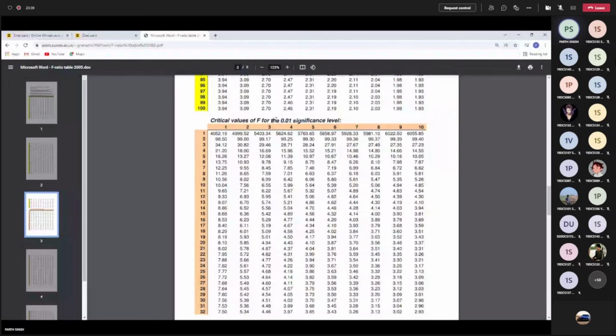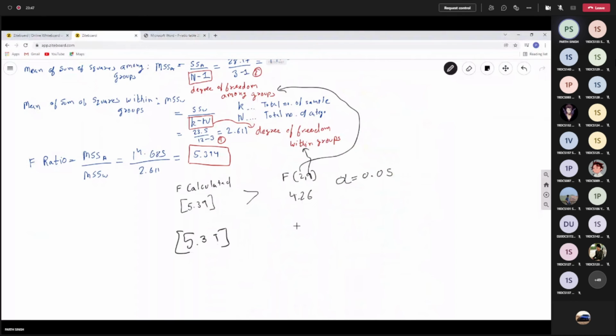If we look at 2,9, what value do we have? That is 8.02. So here we are getting 8.02 for alpha value 0.01. Here the F calculated value is less than the table value.